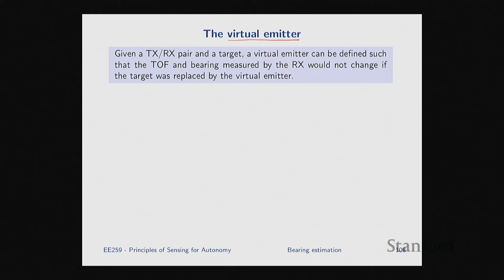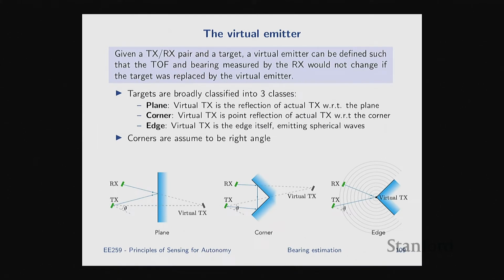So when it comes to the virtual emitter, targets are very broadly categorized or divided into 3 types. It's a very broad categorization, but nevertheless it's okay. It gives us something to work with. The 3 classes of targets for sonar that are considered are plane targets, which is kind of like a wall, just a big flat surface. Then you have corners, which is like the corner of a wall, 2 surfaces at an angle that is typically assumed to be 90 degrees.